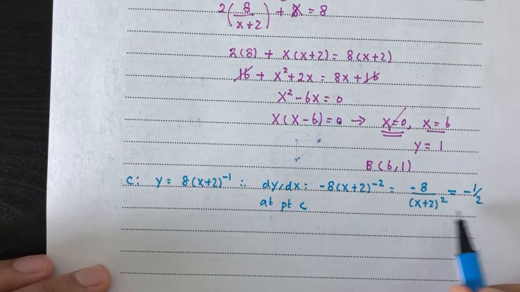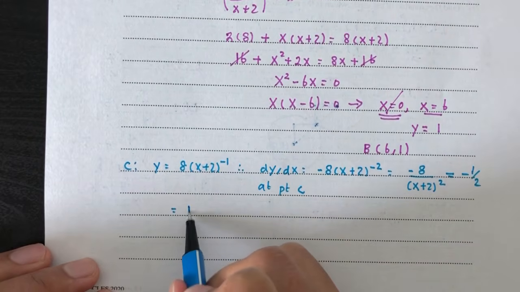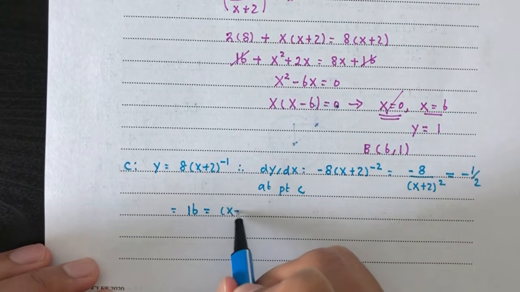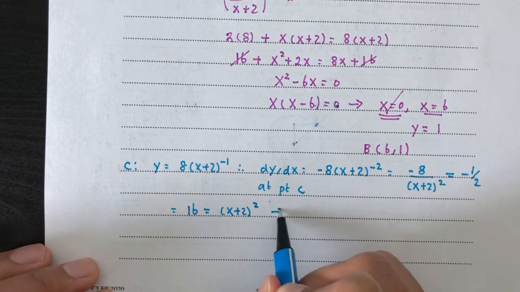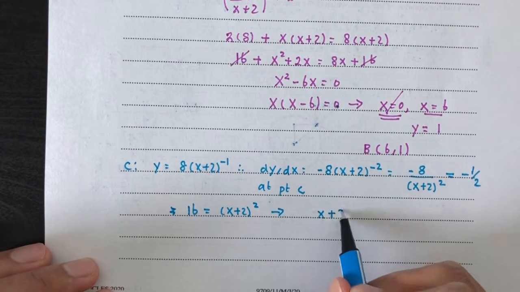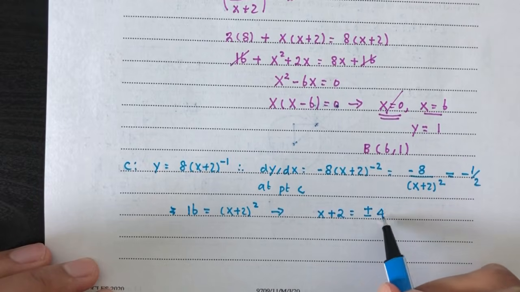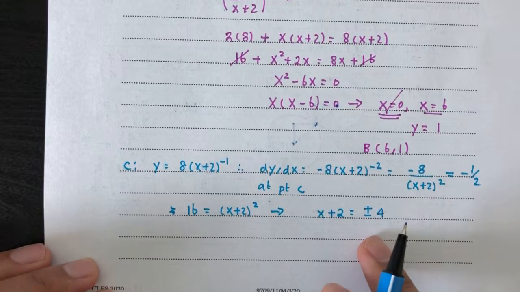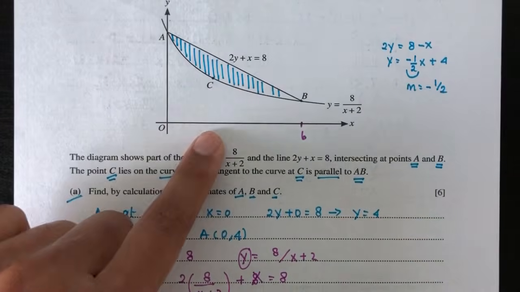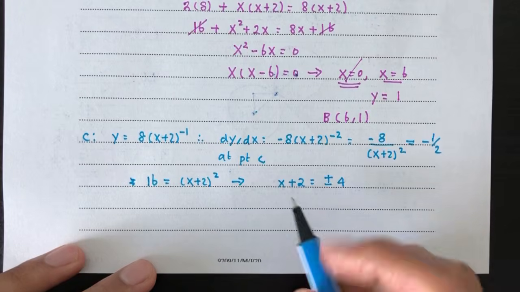So then we have to cross multiply. That becomes 16 is equal to x plus 2 power 2, which is, now you can solve this. You'll have x plus 2 equal to plus minus 4. So since you know that the value of x will be on this positive side, you can ignore the value of negative 4.